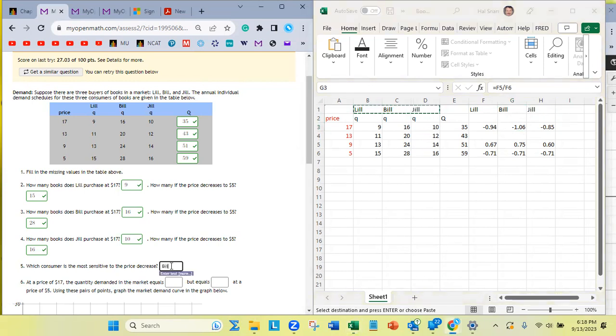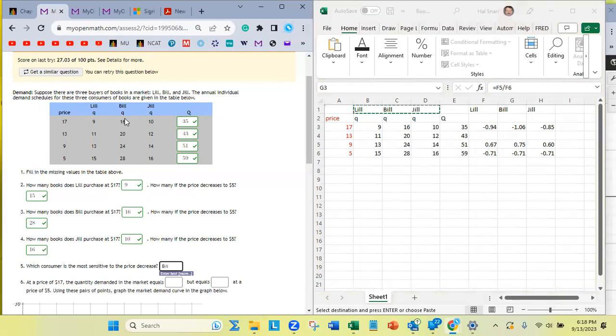Another way to think about this is look at the sheer increases. 9 to 15 is an increase, but not by much, right? 16 to 28 is a pretty big increase. 10 to 16 is not that big of an increase, right? But you don't want to just look at the increase. You want to look at it in terms of percentages.